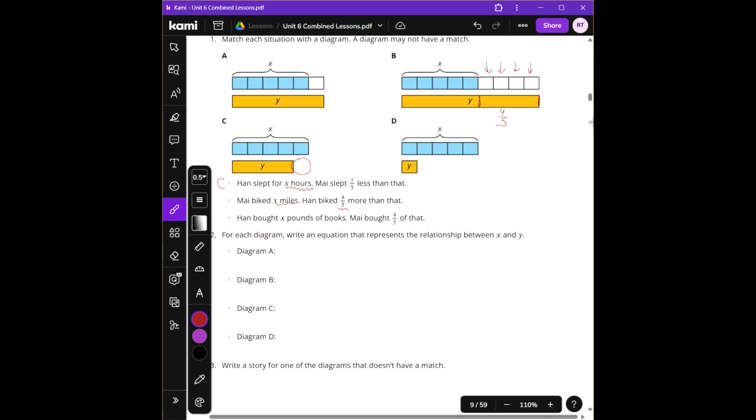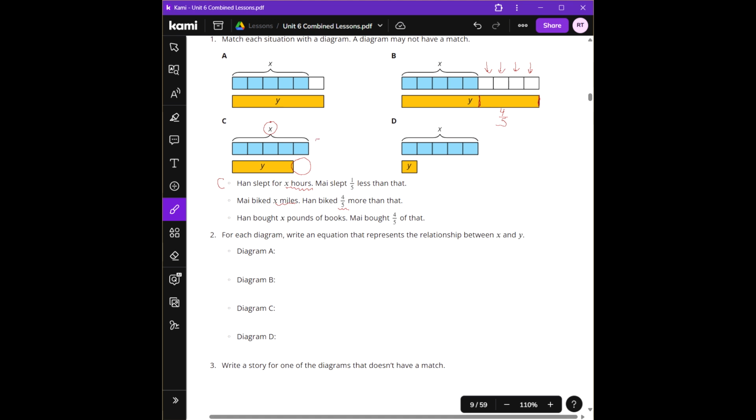And then Han bought X pounds of books. So remember we're looking at the top. X pounds of books. May bought 4/5 of that. And so this one is going to be, if we have X, and then we have 1, 2, 3, 4, 5.